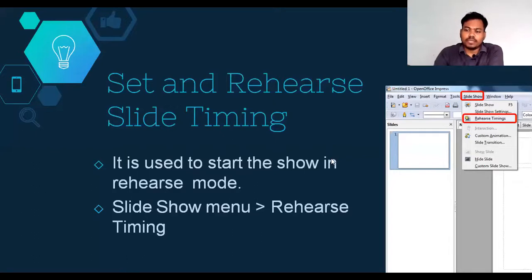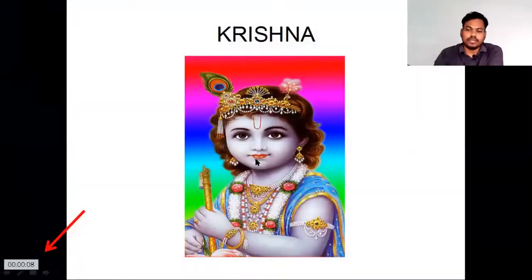For this you have to click on the slideshow tab in the menu bar, and when you click on that, you will see one option, that is rehearse timing. Click on that. What will happen when you click on it? Your slideshow will open, and below that the timing will start.